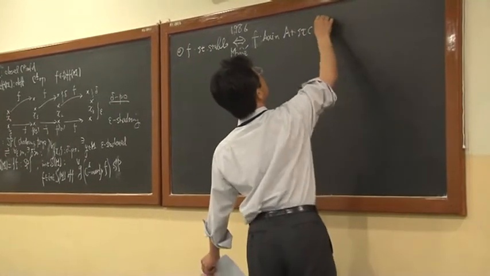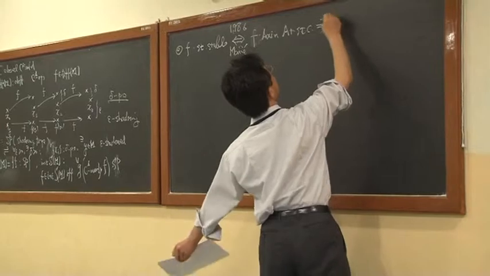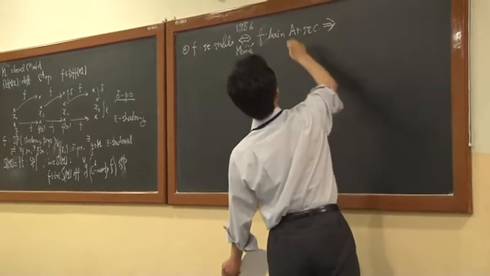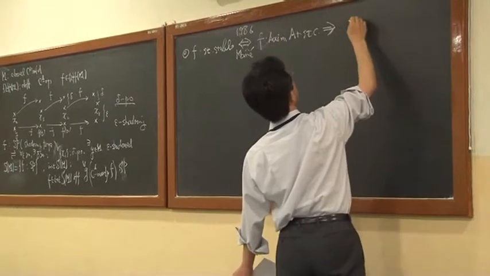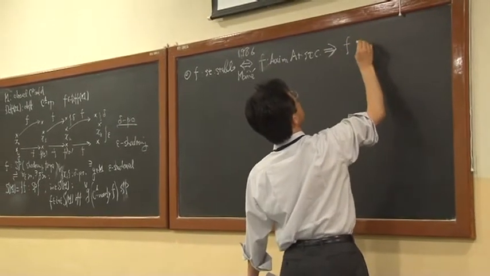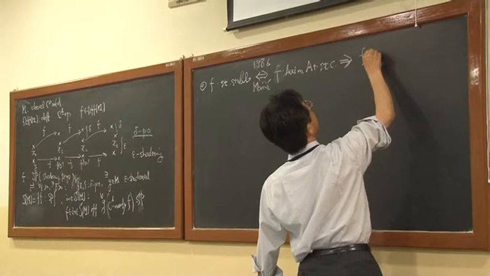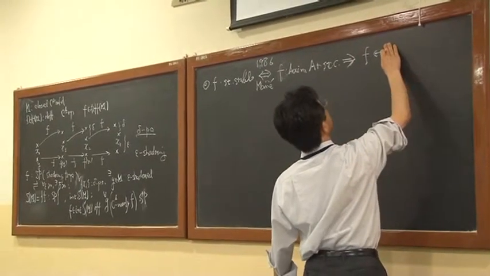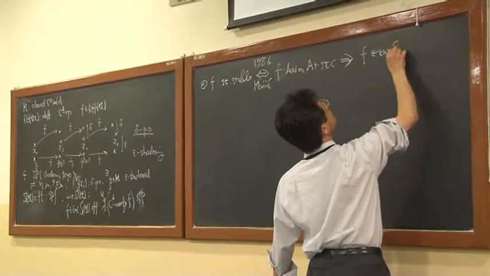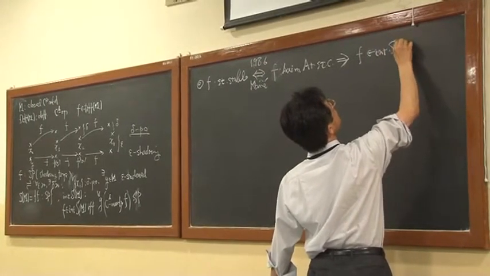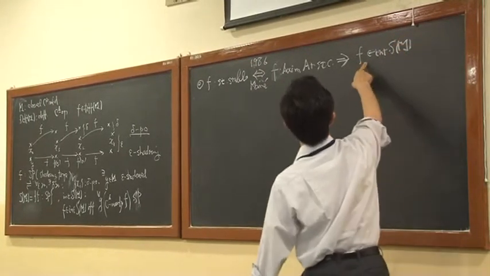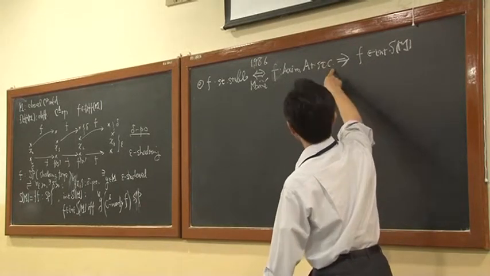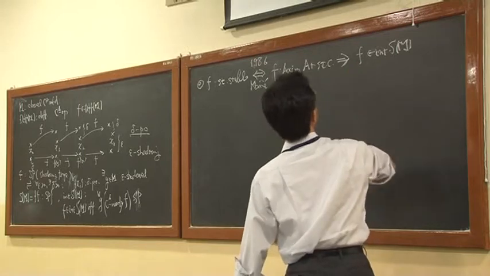And more formal results are obtained. If f satisfies Axiom A and strong transversality, then f has the shadowing property. Any element of this set is in the interior of S(M).